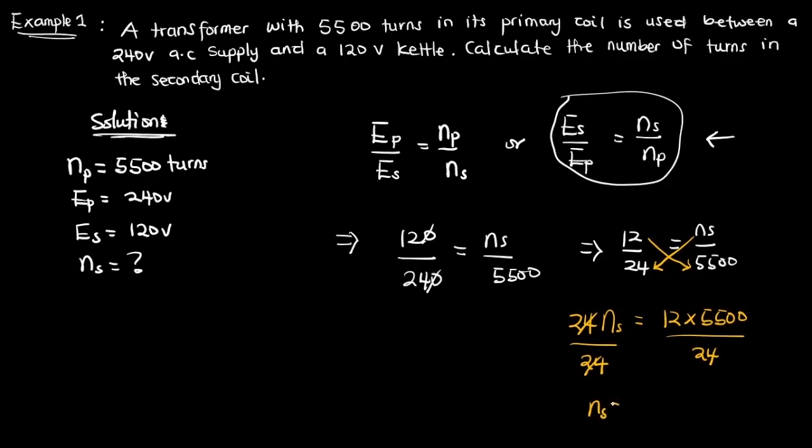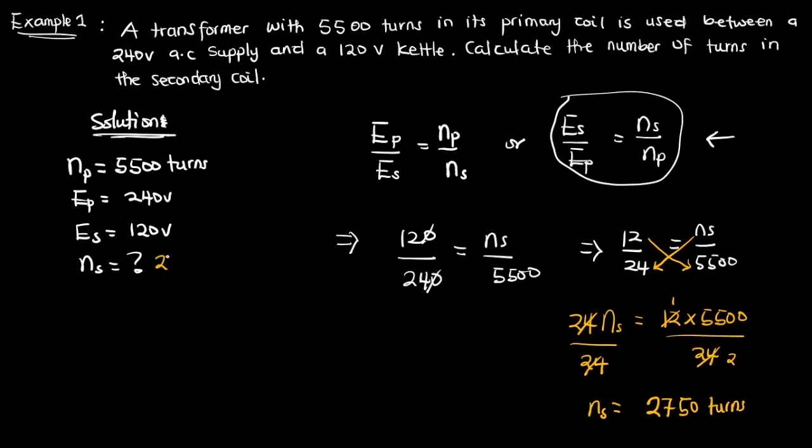So my NS is equal to... 12 will go into itself 1, will go into 24 2 times. So this becomes 5,500 divided by 2, and this will give me 2,750 turns. So this is the number of turns on the secondary transformer.